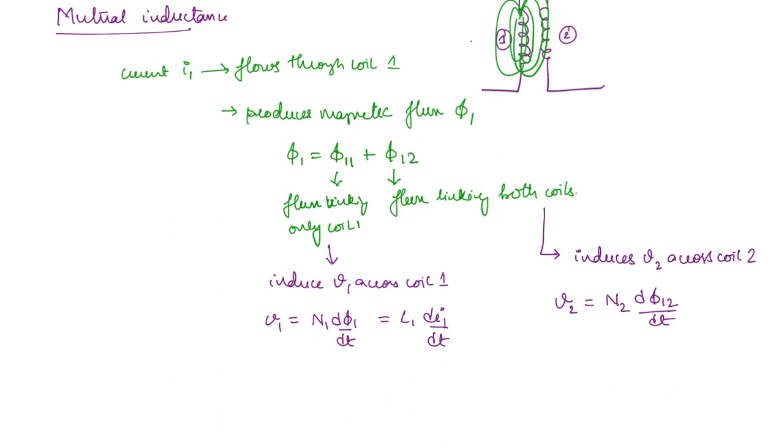That means only that part of the flux which is linking coil 2 we are taking here. So this you can write as N2 d phi 12 by di1 into di1 by dt. Now this term, N2 d phi 12 by di1, is what we term the mutual inductance.